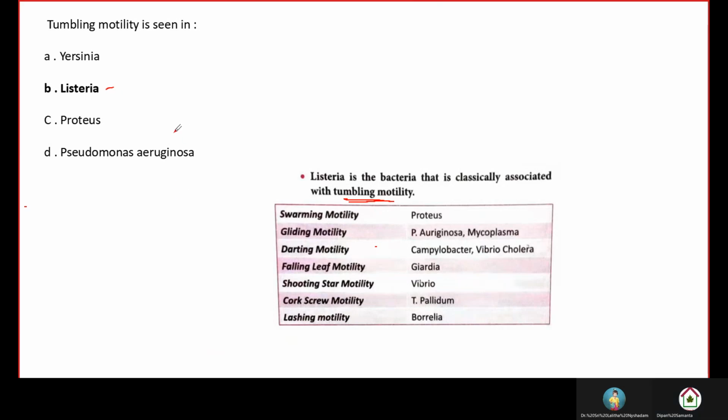Listeria, tumbling motility. Proteus, swarming motility.